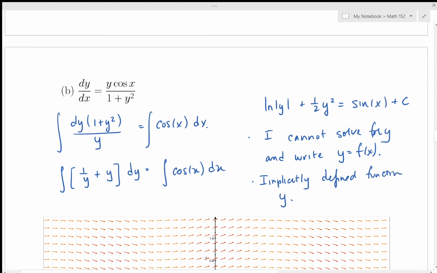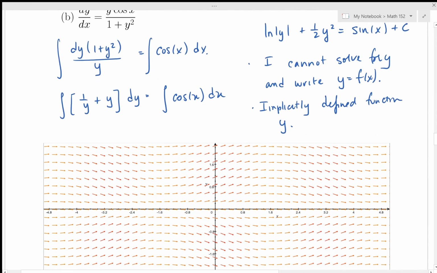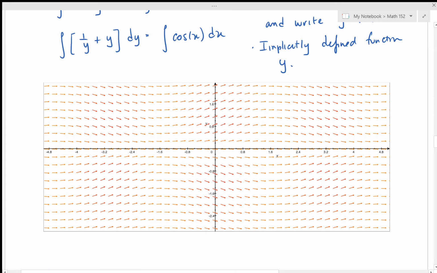Okay, y is still a function of x. Now the function is implicitly defined, and then we see a direction field that we can plot out, and we would, if we were to get some initial condition.